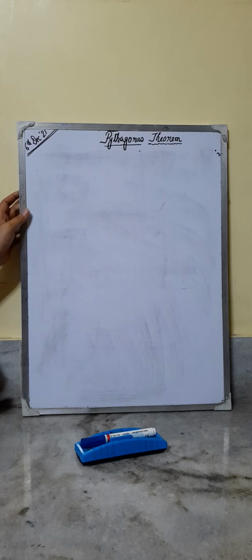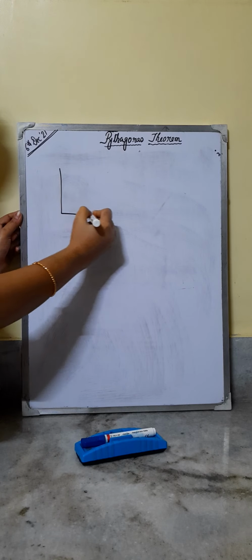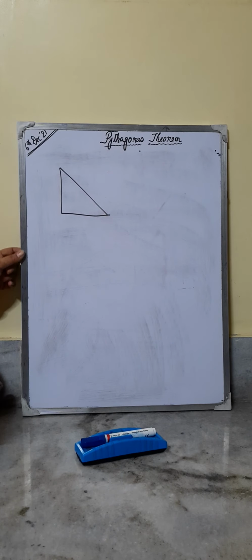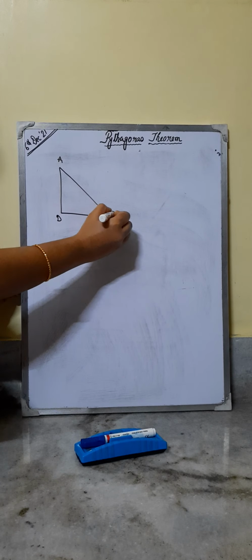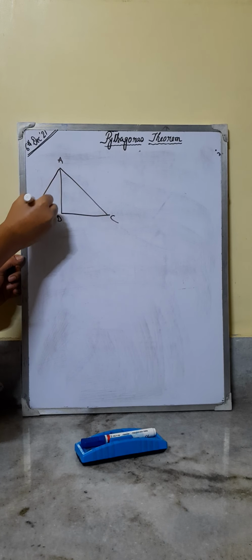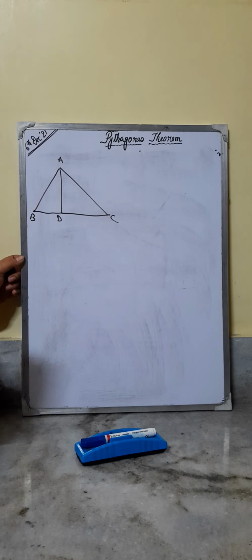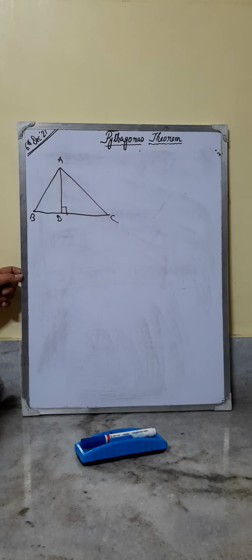Now see, next question. Next question is given. See the diagram. ADC, and here if I draw the angle, this is P. This is 90 degrees.